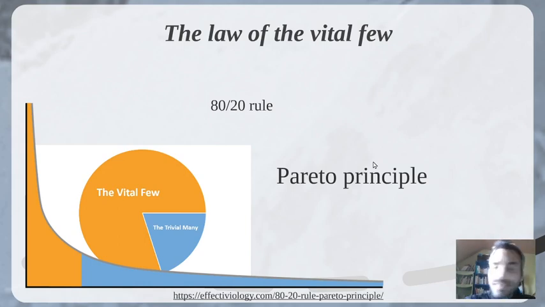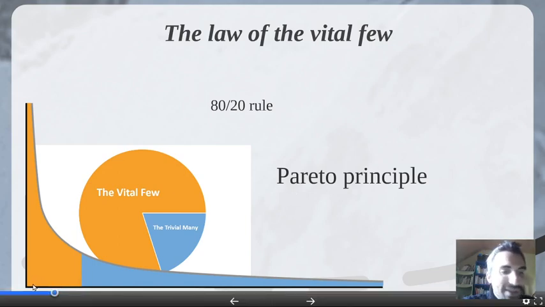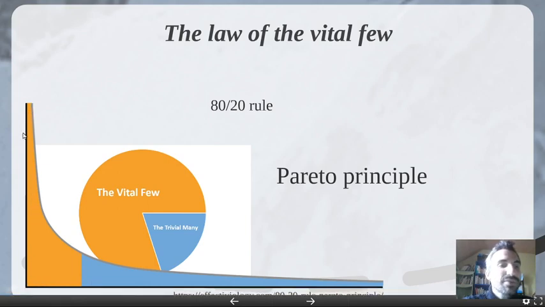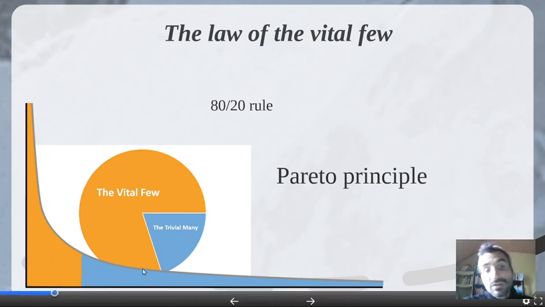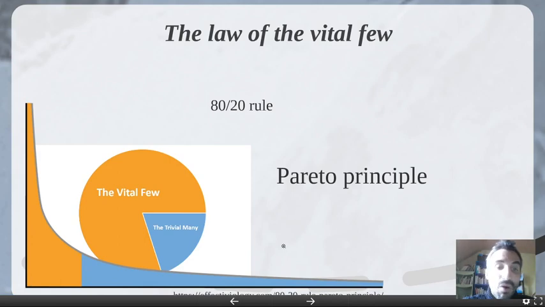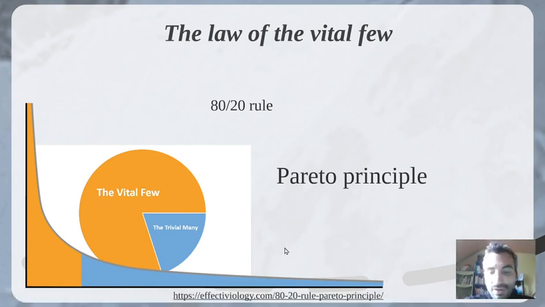Pareto is an Italian scientist who found that only 20% of the Italians own 80% of the wealth, while the majority of the people, 80%, own only the rest, 20% of the wealth of the country. And actually this is the same for a lot of things.